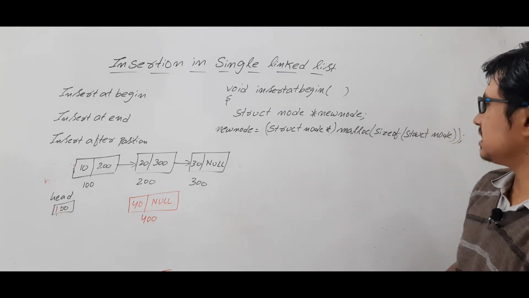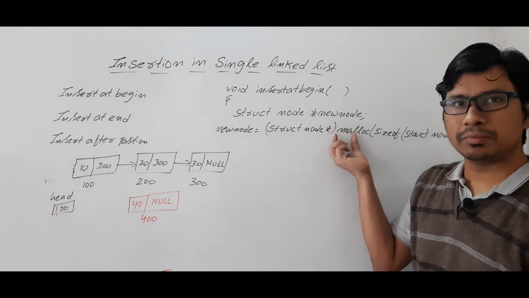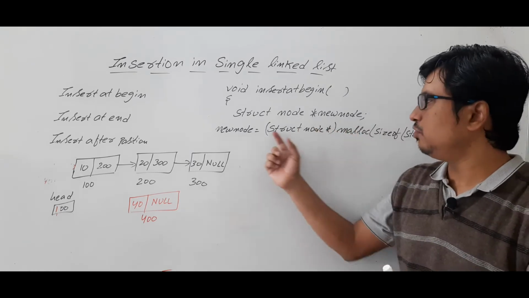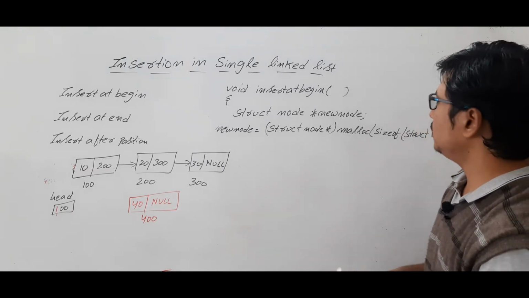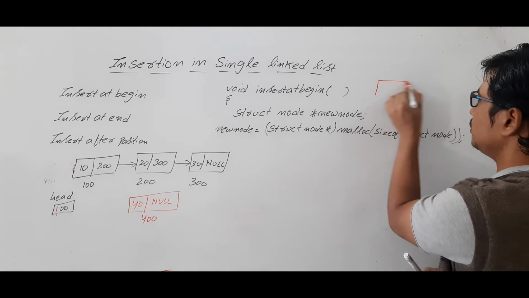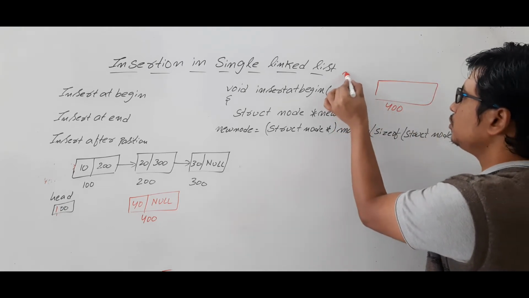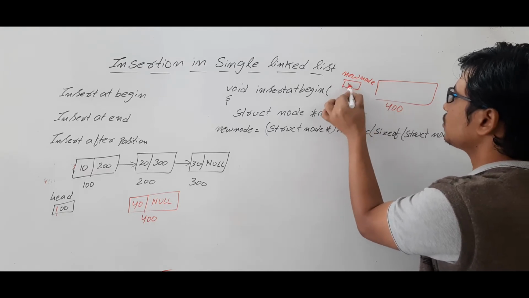Whatever the size of the struct node, that much memory will be allocated, and the starting byte of the allocated memory will be assigned to the new node. So let's assume that you have created a new node at some 400 location. Now the new node pointer will store that value here.